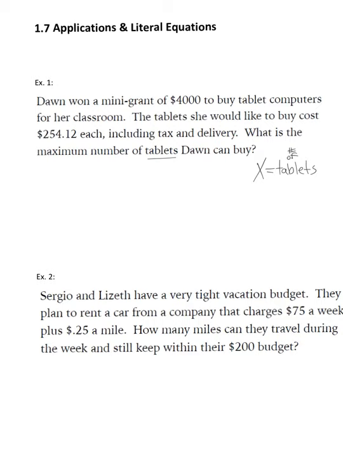So looking back at the second sentence, the tablets she would like to buy cost $254.12 each, including tax and delivery. So in that sentence, we're given the information of how much each of those tablets costs. We're going to take the value of the tablet and multiply it times the variable we have for number of tablets to get $254.12 times our variable x.